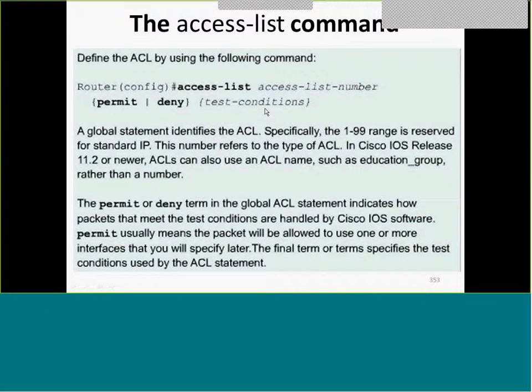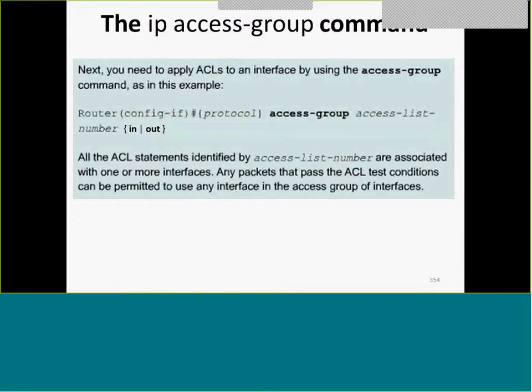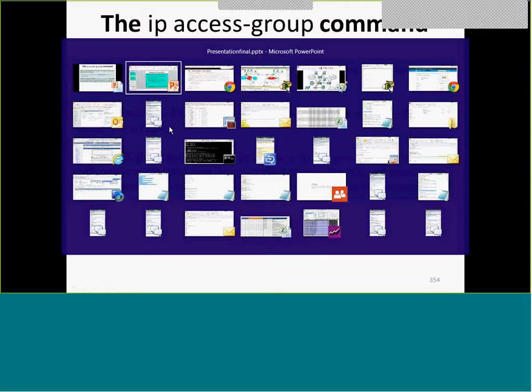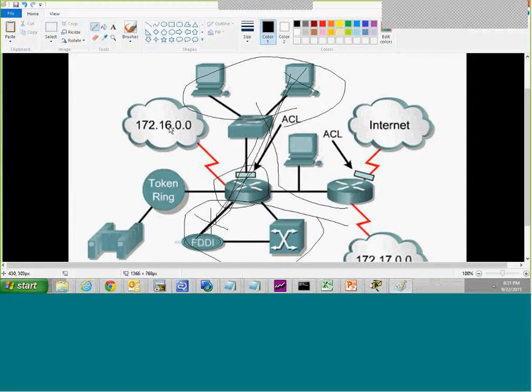You can create many access lists with different conditions, and use different conditions on different interfaces. But remember, you cannot use two access lists on the same interface. And here you're saying in and out. What is in and out? Let me go to the picture here again.